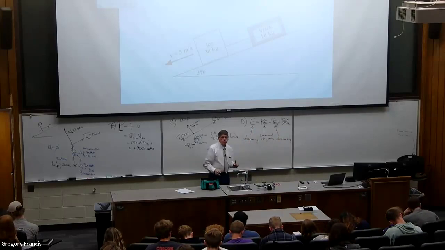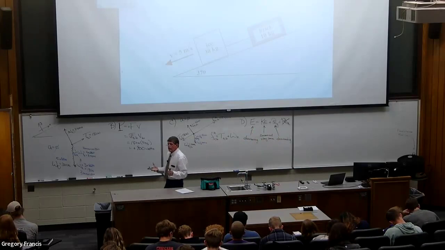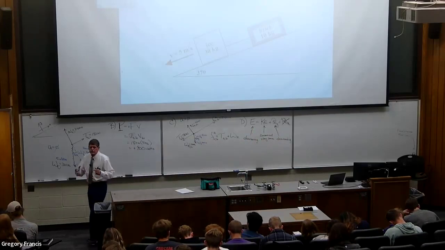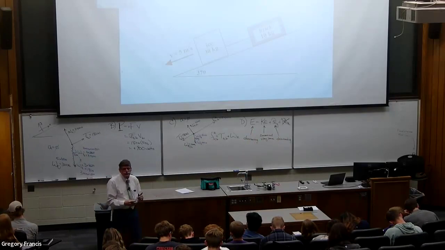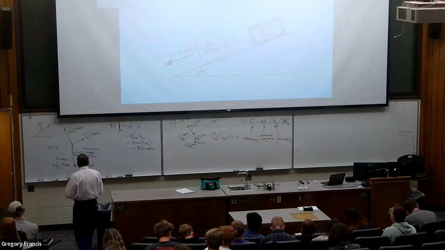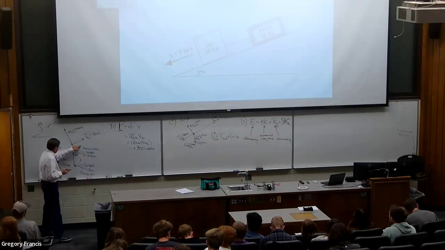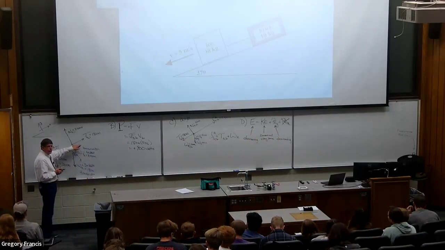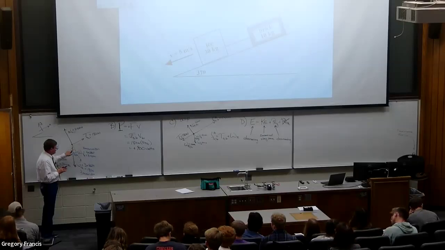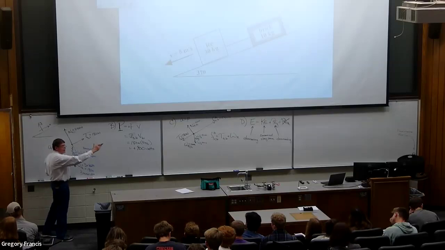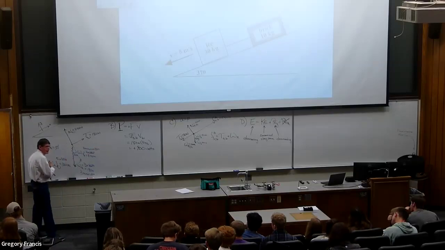So the answer is no. The total energy of the system is draining. Well, how's that happening? Well, this force here is doing negative work on the ice. Okay, it's pulling up the ramp while the ice is moving down the ramp.